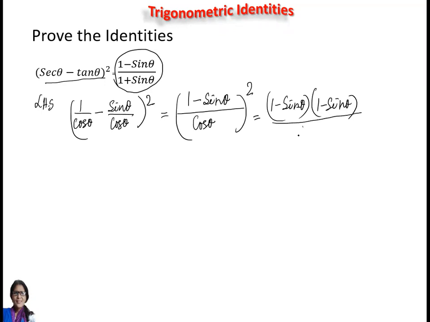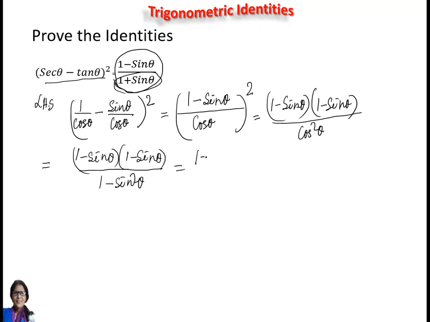It will be cos square theta. I'll change the cos square because in the right side there is no cos. So it will be 1 minus sin theta into 1 minus sin theta, and the denominator I'll write, it will be 1 minus sin square theta.